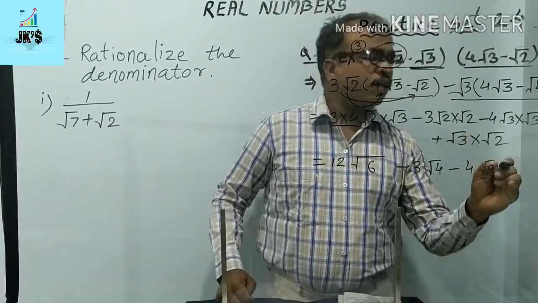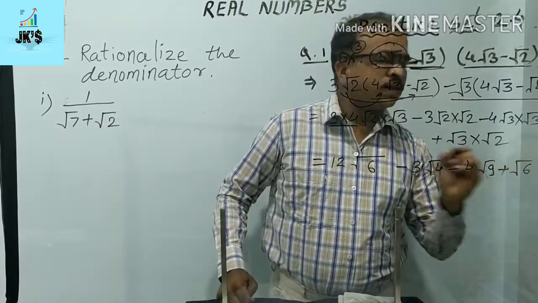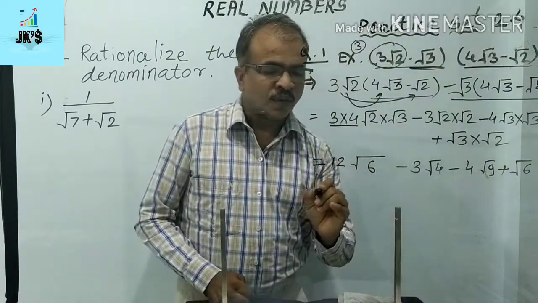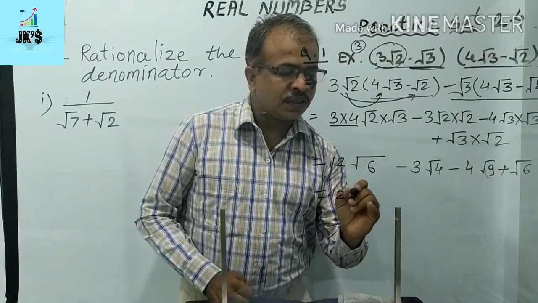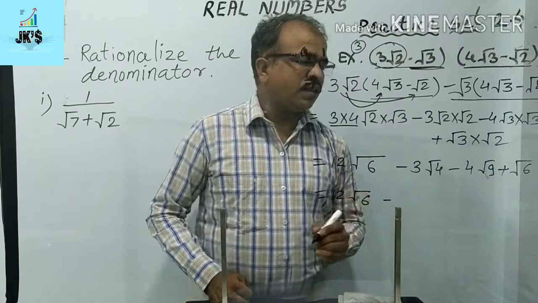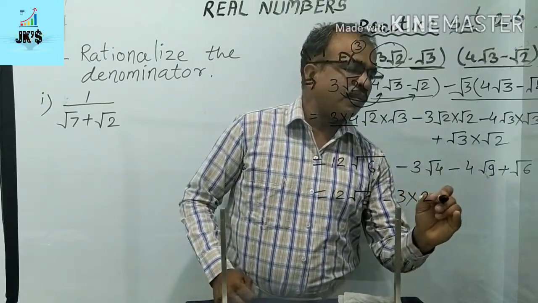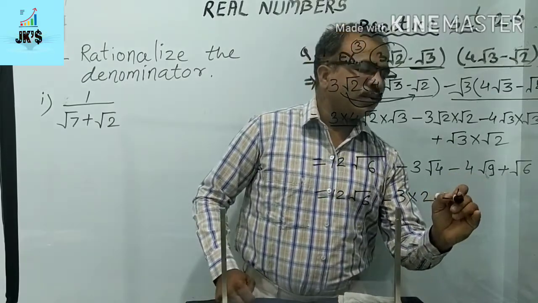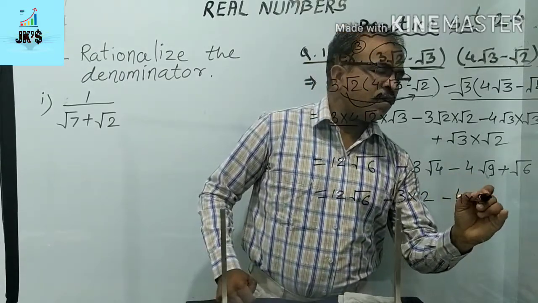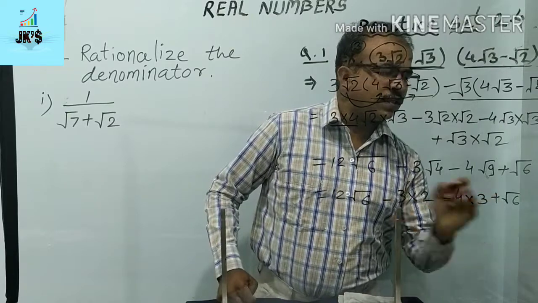Plus √3 into √2, root 6. So what happened? 12√6 minus 3 into square root of 4 is 2, minus 4 into square root of 9 is 3, plus √6.